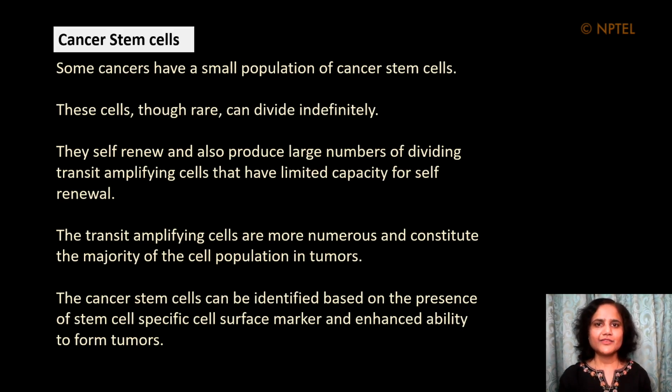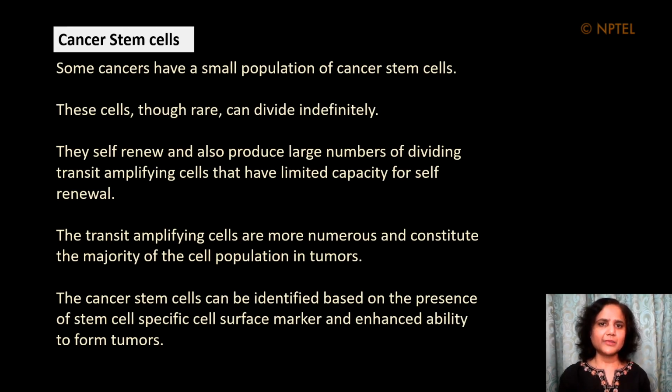Some cancers also have a small population of cancer stem cells. Now, these cells, although they are rare, can divide indefinitely. And the cancer stem cells, like normal stem cells, self-renew, and they also produce large numbers of dividing transit amplifying cells that have limited capacity for self-renewal.